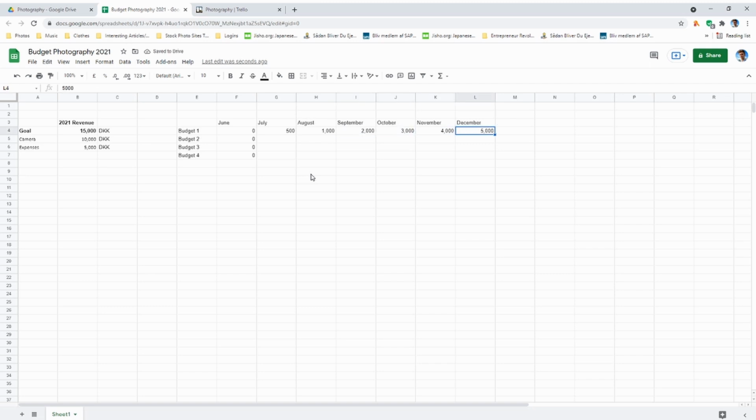Now, whether that's 1 job or 5 jobs, who cares? Basically, this is just how the growing budget looks. And that equals, bam, 15,500. So that adds up nicely.